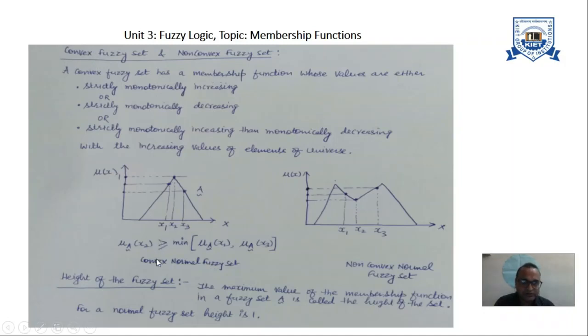Convex fuzzy sets are those fuzzy sets where the membership values are strictly monotonically increasing. Once we keep changing the elements in the universe of discourse, automatically you get the membership value in an increasing way. See here, for example, you are moving from 0 along the x-axis.